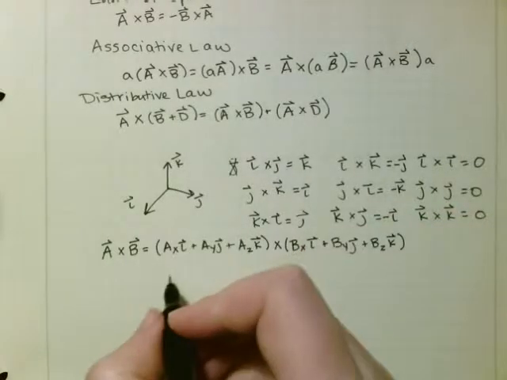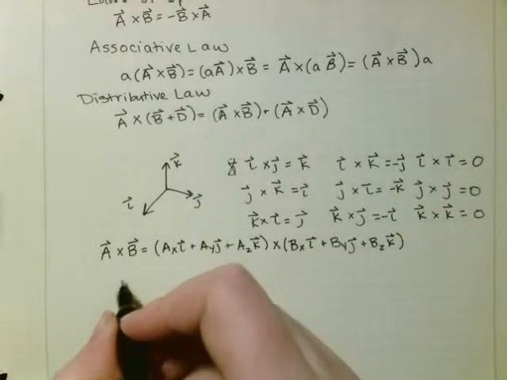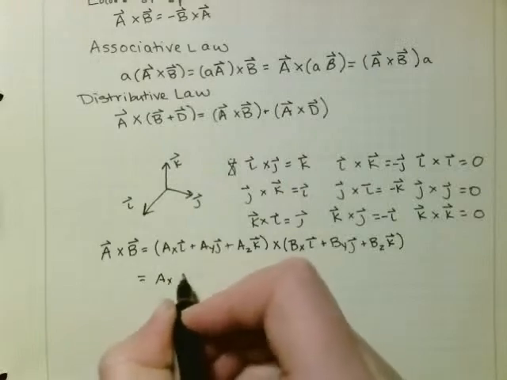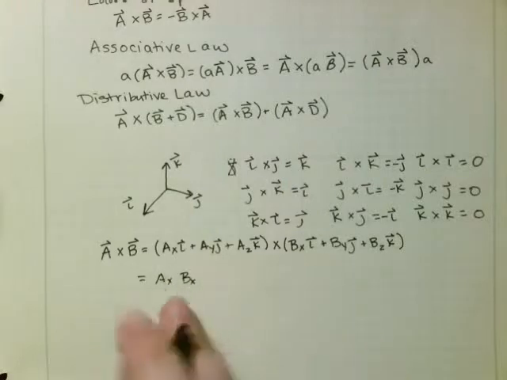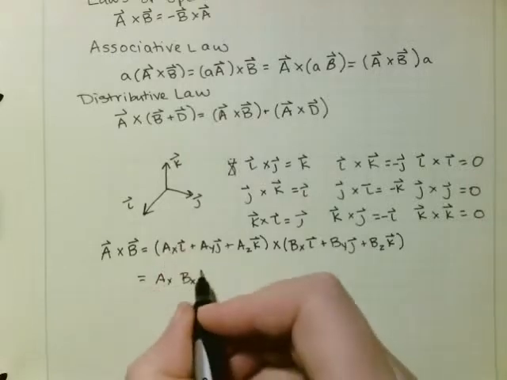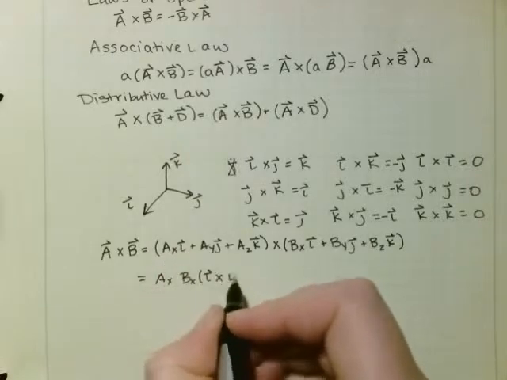So this would be equal to AX times BX. Since those are just scalars, they can multiply. But then the vectors would be I cross I.